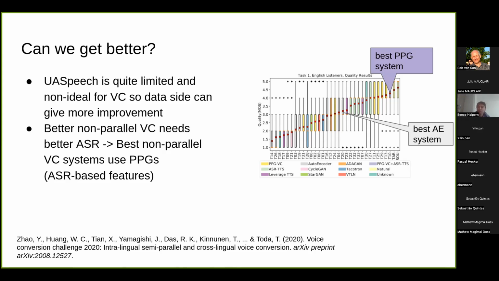Another aspect, which I think is worth mentioning, and also one of the takeaways for this presentation, is that better non-parallel voice conversion would also need better automatic speech recognition. As you can see from the figure, these are the results from the voice conversion challenge, which compares all the voice conversion models on the same task.